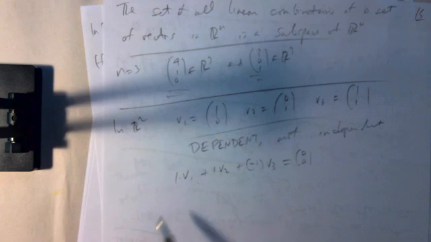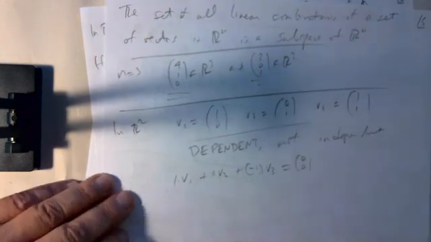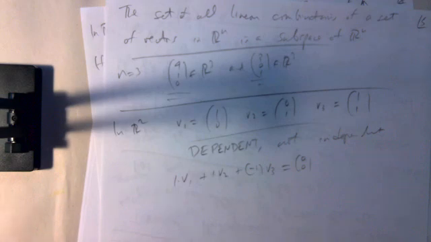Oh, you're adding them. It's a linear combination. Okay, that makes sense. There's a lot to think about. There's not a lot to write necessarily, but these are concepts that you have to become familiar with.